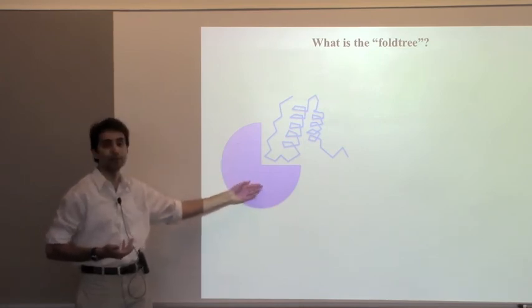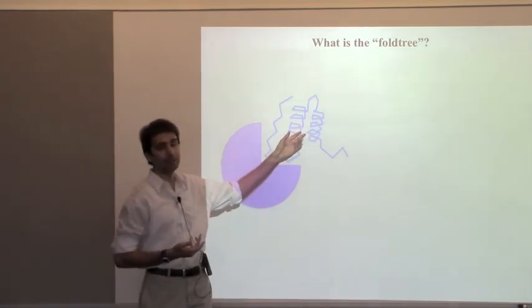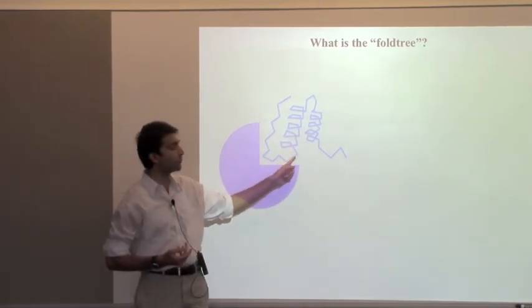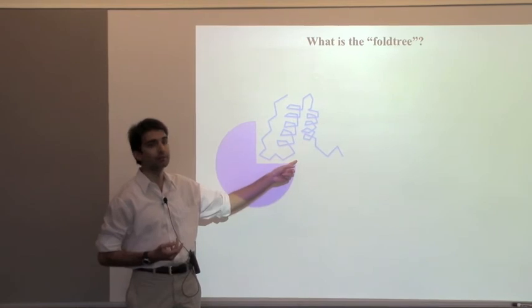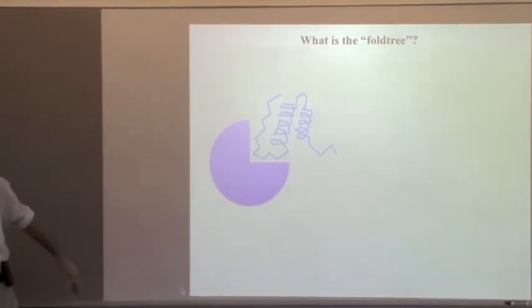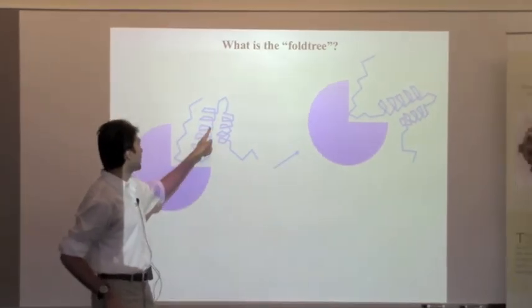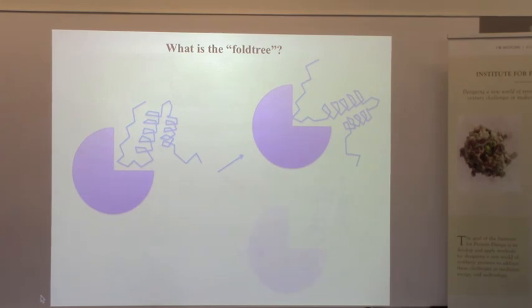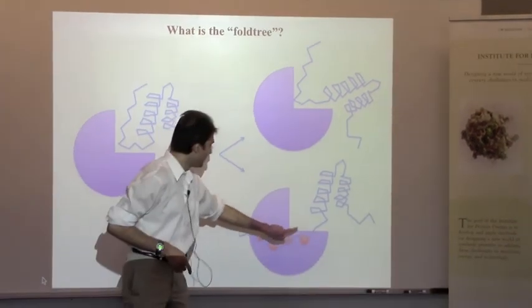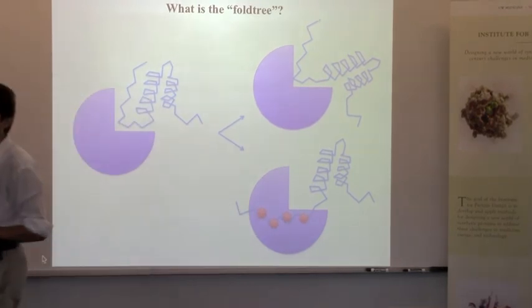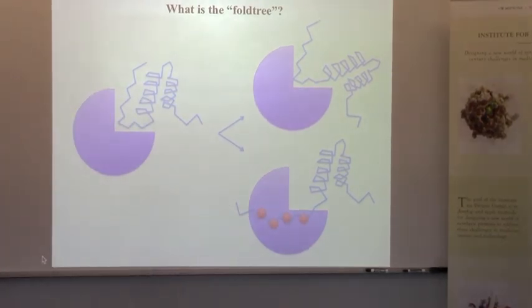You had a target that you were designing for, and you had something that was binding to it. And let's say I arbitrarily decide that I want to rotate around a bond here in the middle of this chain. There are two things that could happen. Either this part of the protein could move so that I get something like this, or alternatively, this part of the protein could move and start clashing with my target. And if I just said torque around that chain, it wouldn't be clear what would happen.